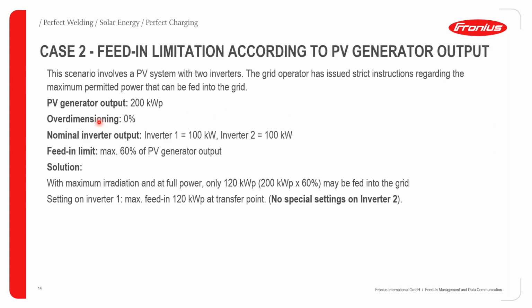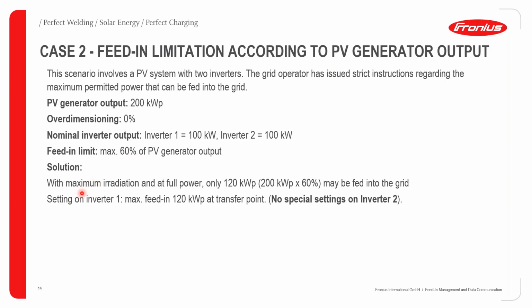For this example, the PV generator output is set at 200 kilowatts peak. Nominal inverter outputs are 100 kilowatts each for the 2 inverters. Of course, over dimensioning in this case has been set at 0%. And then for the feed-in limit, a maximum value of 60% has been set.